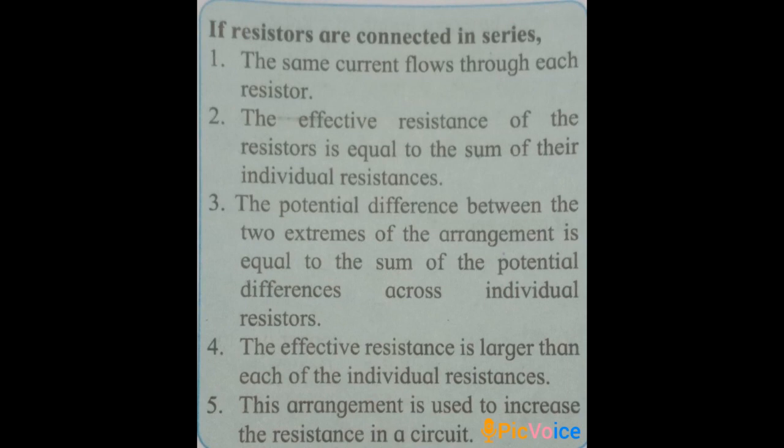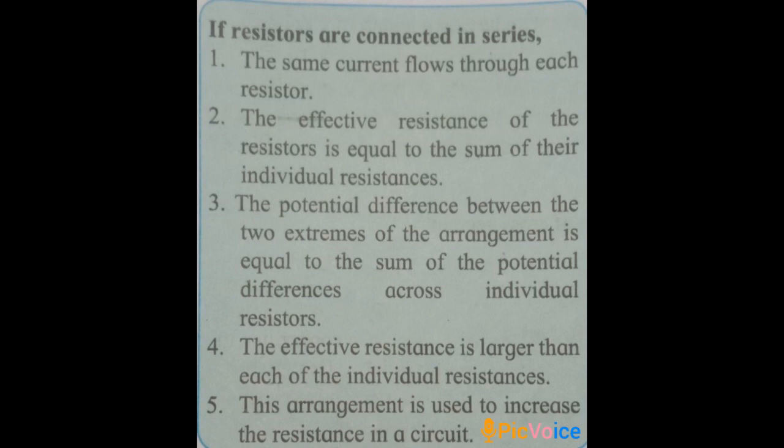Second, the effective resistance of the resistors is equal to the sum of their individual resistances. Third, the potential difference between the two extremes of the arrangement is equal to the sum of the potential differences across individual resistors. Fourth, the effective resistance is larger than each of the individual resistances. Fifth, this arrangement is used to increase the resistance in a circuit.